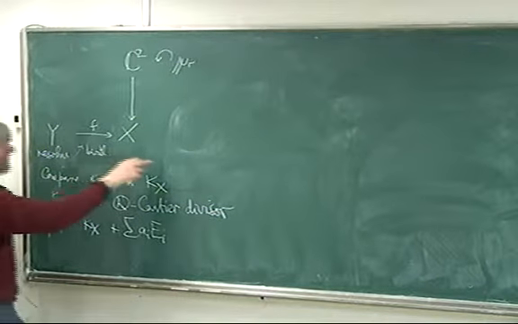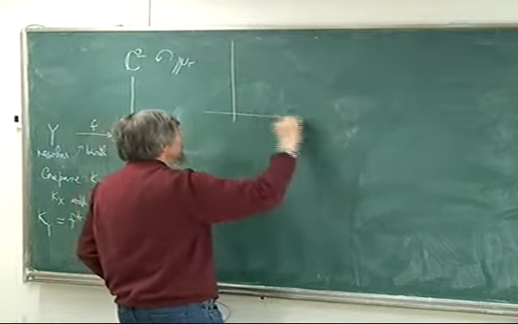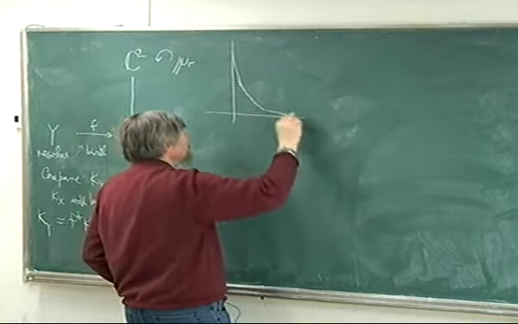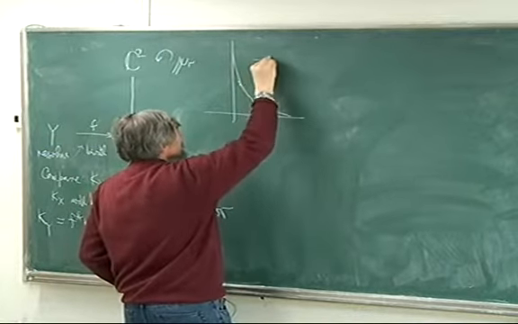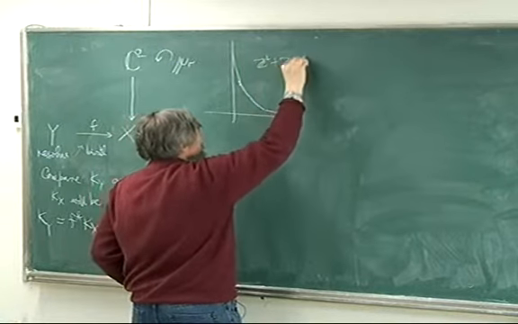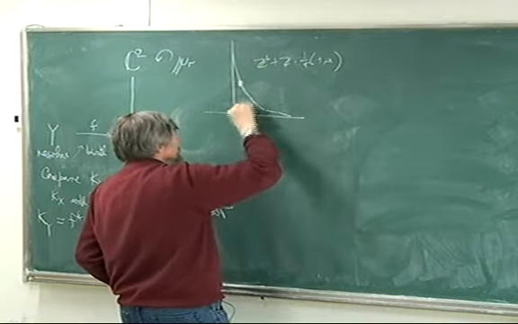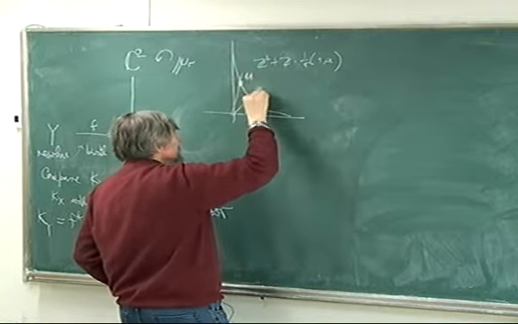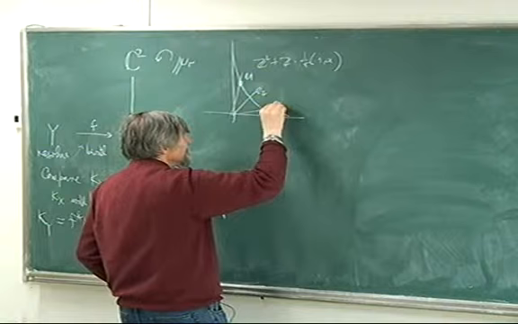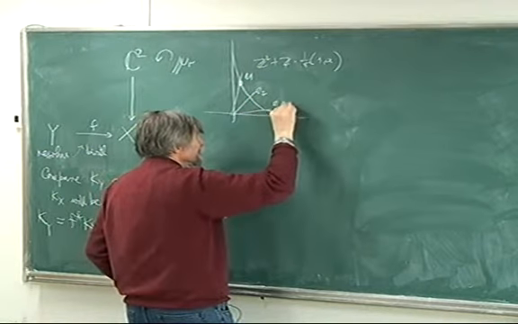I explained that the resolution of singularities is given by this picture in Z2 plus Z times 1 over R, 1, a. So I've got E1, E2, up to E_{R minus 1}.